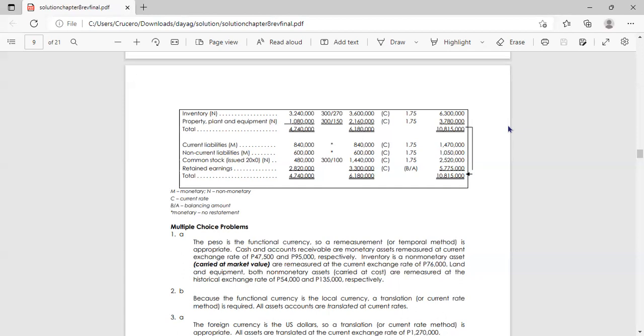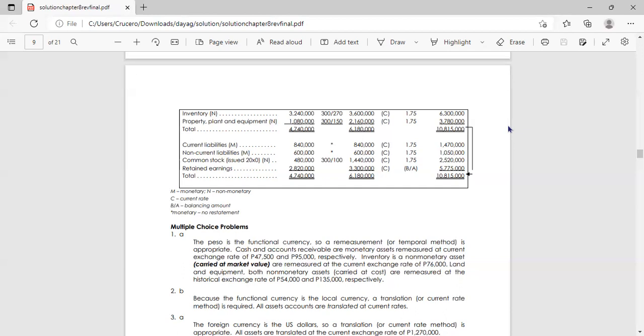So that leaves us the balance of 5,775,000. That's now your balancing figure, in 10,815,000, which is your total liabilities and equity.